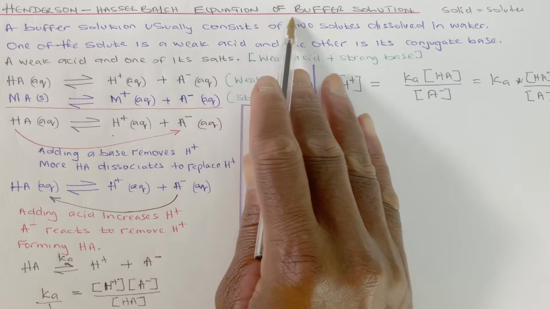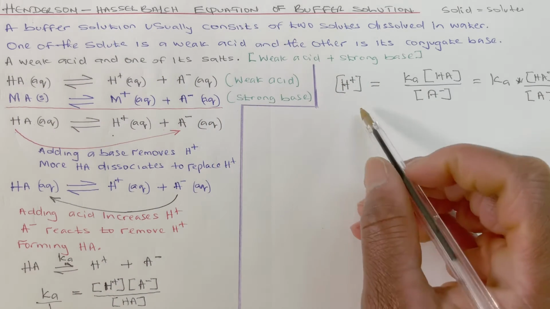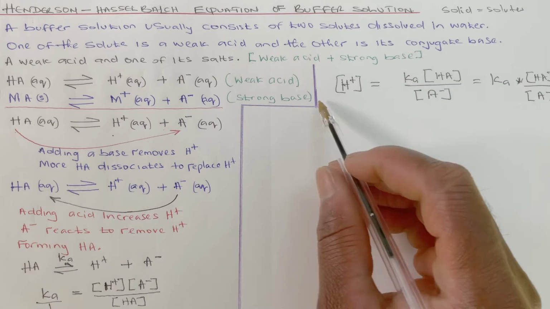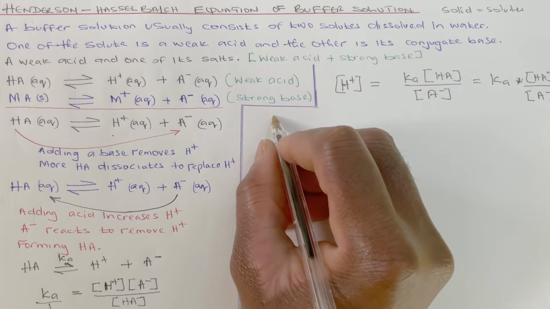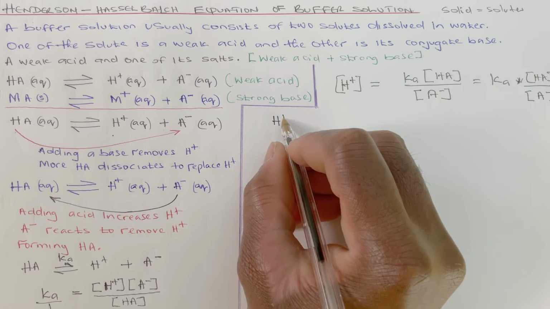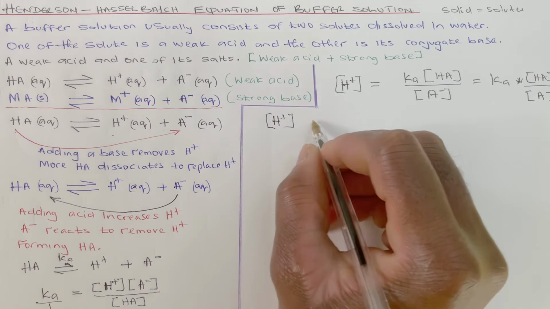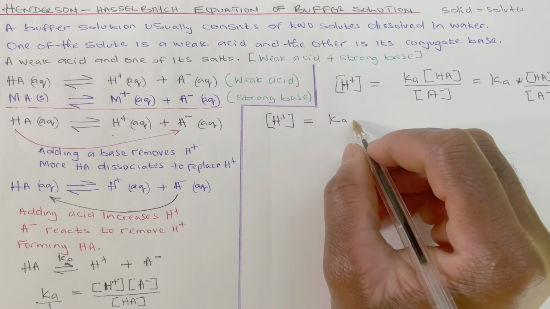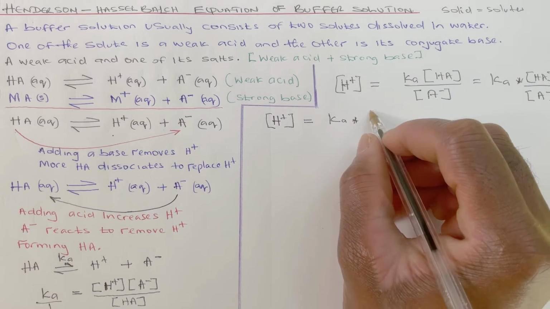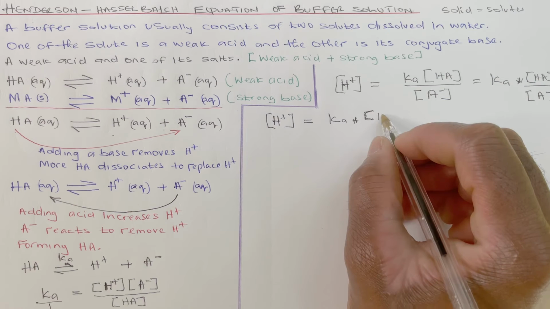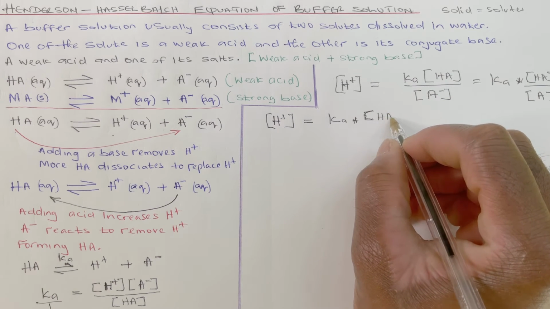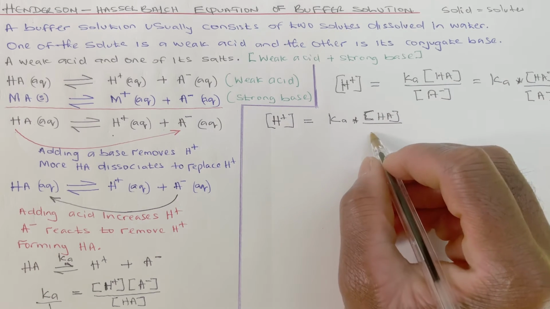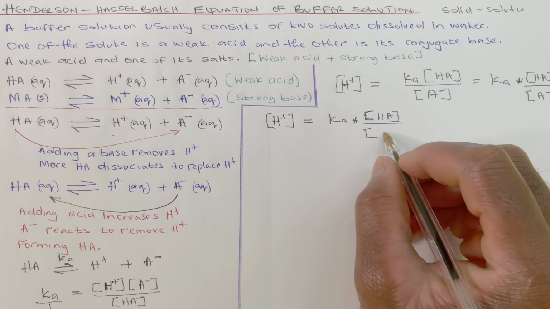The Henderson-Hasselbalch equation comes when we take the log of both sides of the equation. We know that H plus is equal to Ka times the concentration of acid over the concentration of base.